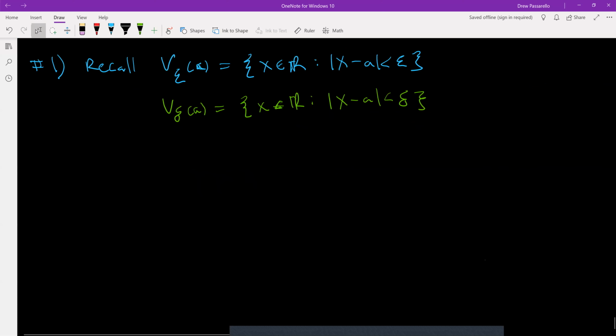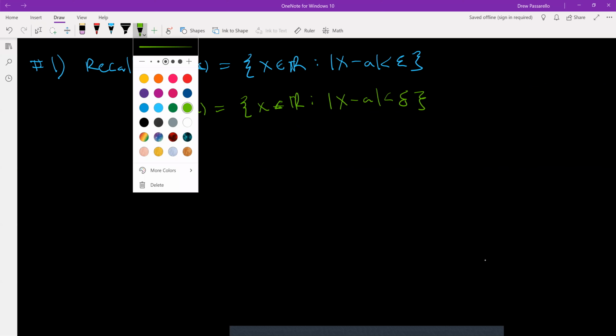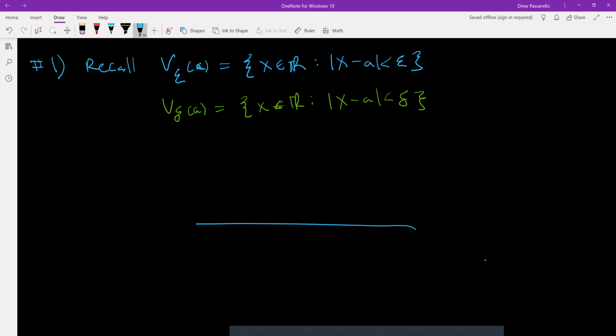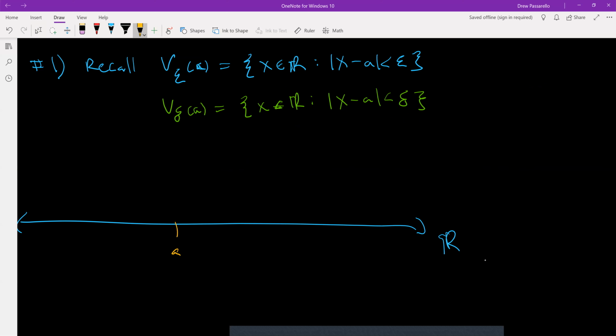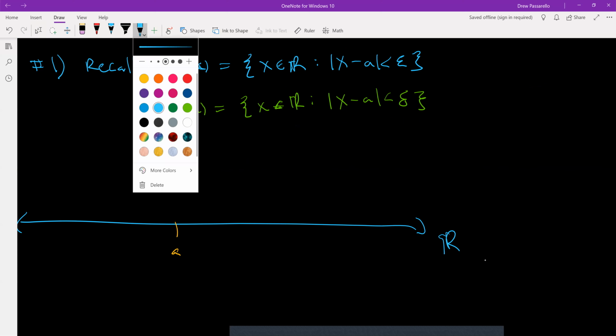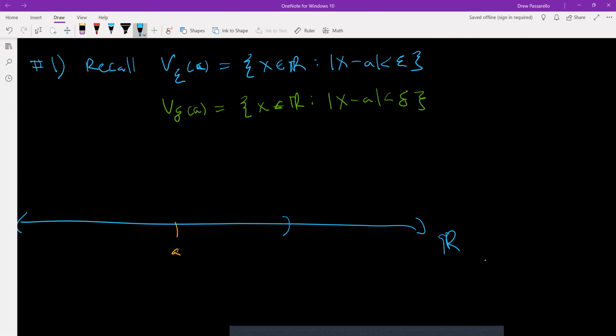To visualize, if I have a number line, let's say a is right here. This endpoint is a plus epsilon, and this endpoint, that's a parenthesis, is a minus epsilon.